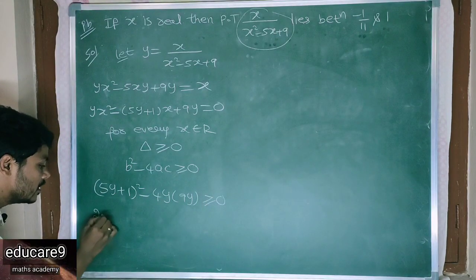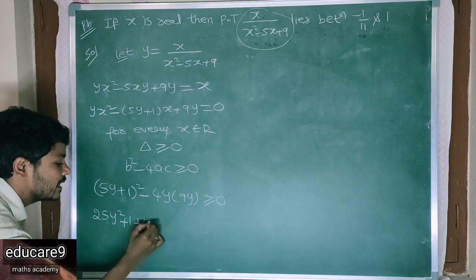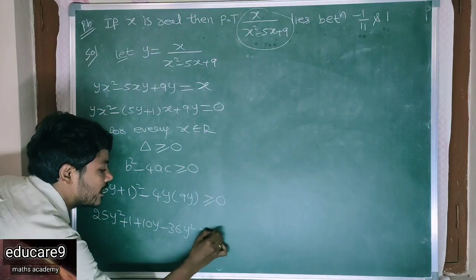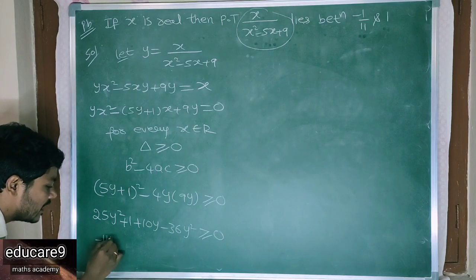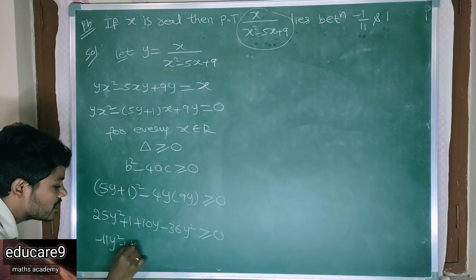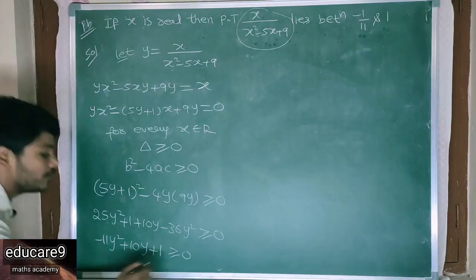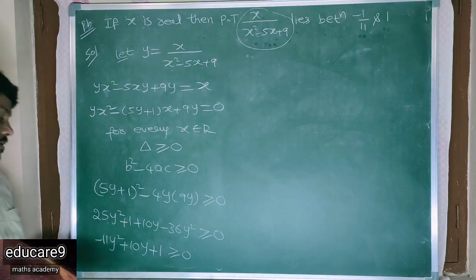Again this is 25y square plus 1 plus 10y minus 36y square is greater than or equal to 0. So 25 minus 36, that is minus 11y square plus 10y plus 1 is greater than or equal to 0. If you multiply with minus, then the symbol also changes.